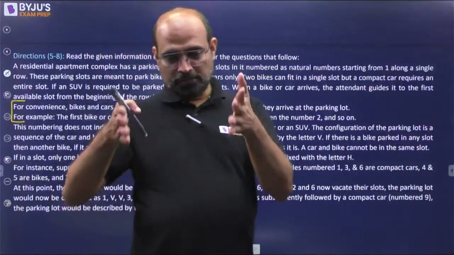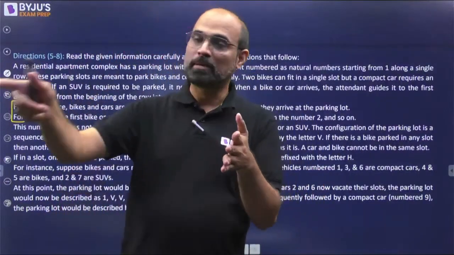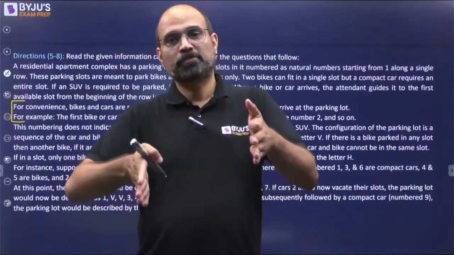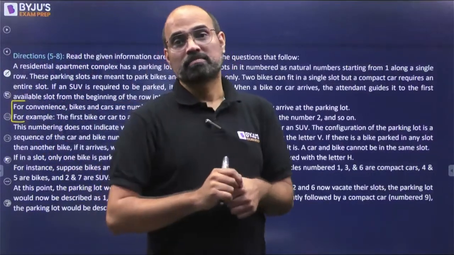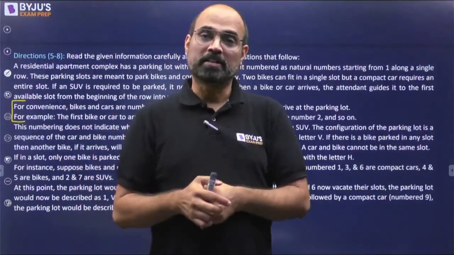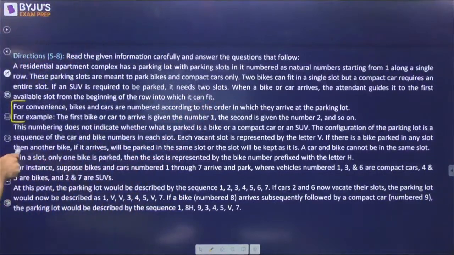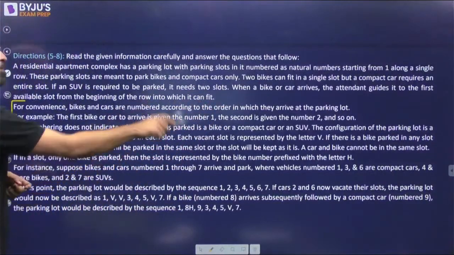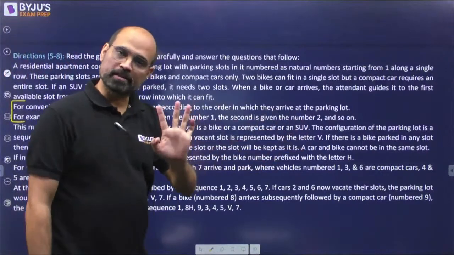So suppose the first vehicle that enters is a bike. We give him token number 1. He goes and parks in the first parking slot. Now, if the second bike comes in, it has to go in that parking slot, right? So if there is a bike parked in any slot, then another bike, if it arrives, will be parked in the same slot. और अगर नहीं arrive होता है तो वो slot ऐसे खाली रहेगा.